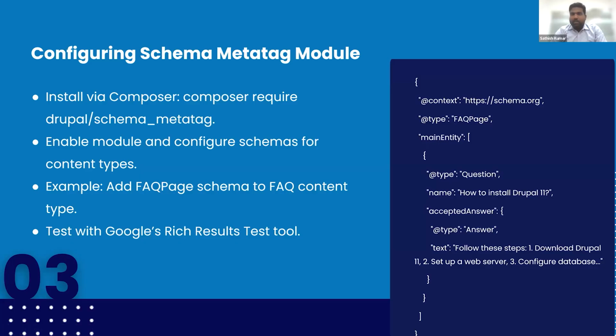This is how you need to share these to these answer engines. You don't need to worry about all these things if you can install the meta tag and schema modules. If you install them properly, the system itself will automatically create this schema markup for you and share it to these tools.